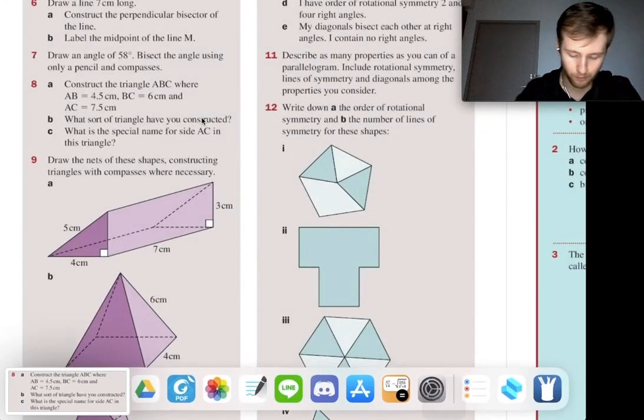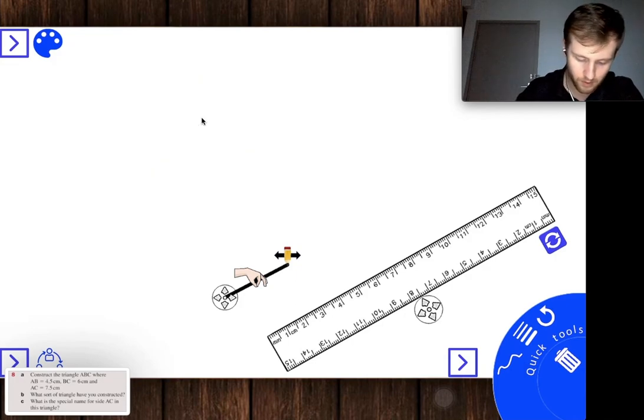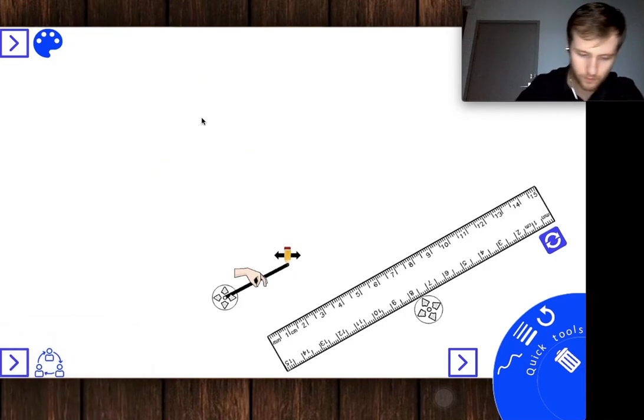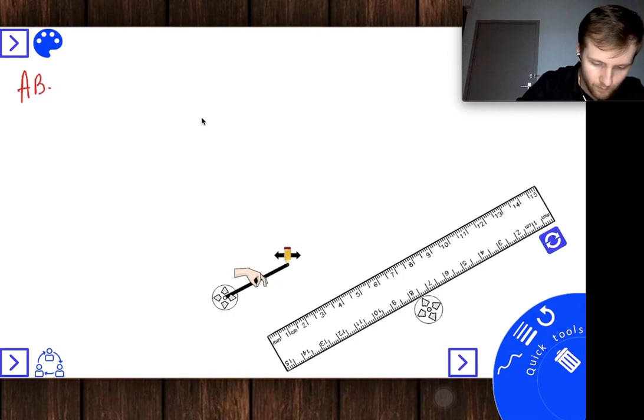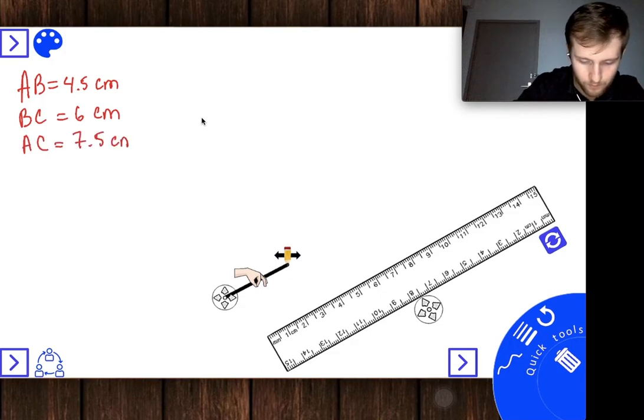AB is 4.5, BC is 6 centimeters, and AC is 7.5 centimeters.